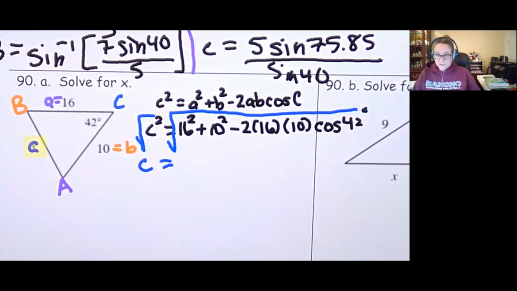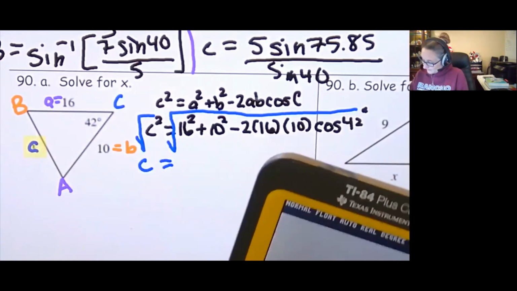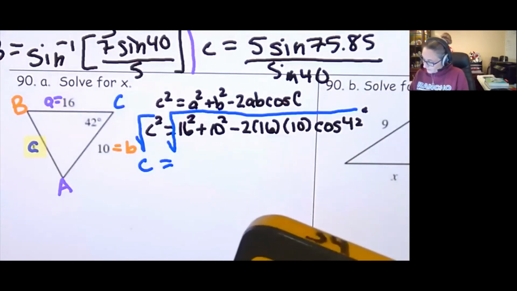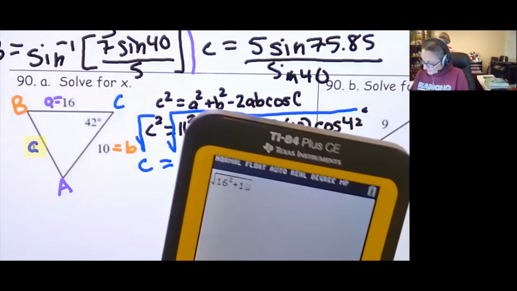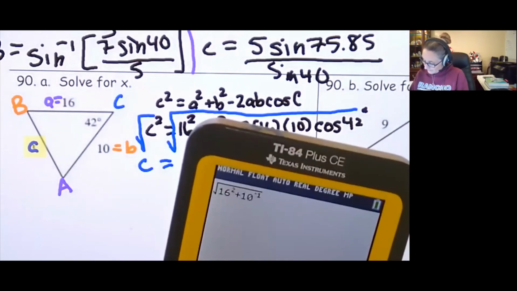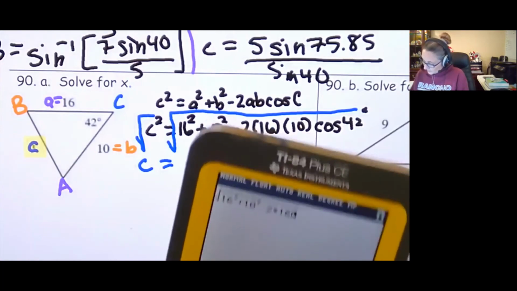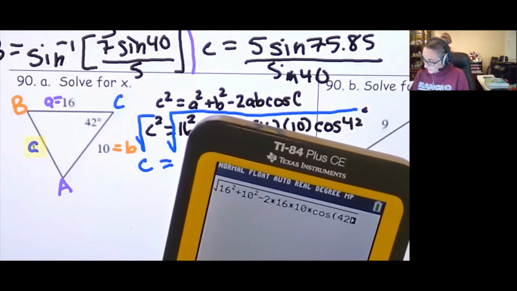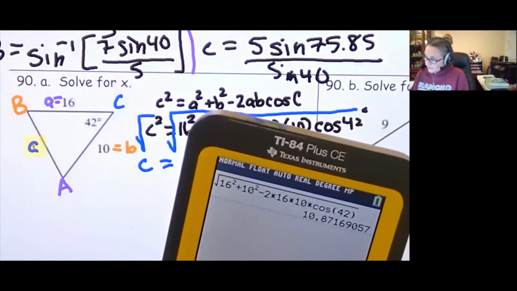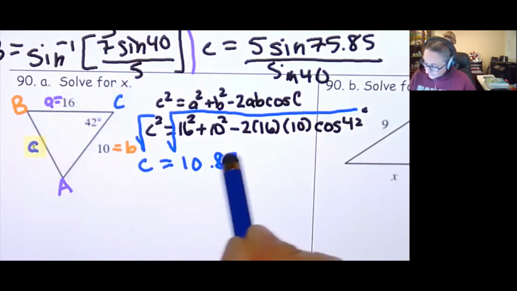And so when I put that into my calculator, second square root, and then I'm going to do 16 squared plus 10 squared minus 2 times 16 times 10 times cosine of 42. Put all of that in my calculator, and I get 10.87. That is my little c.